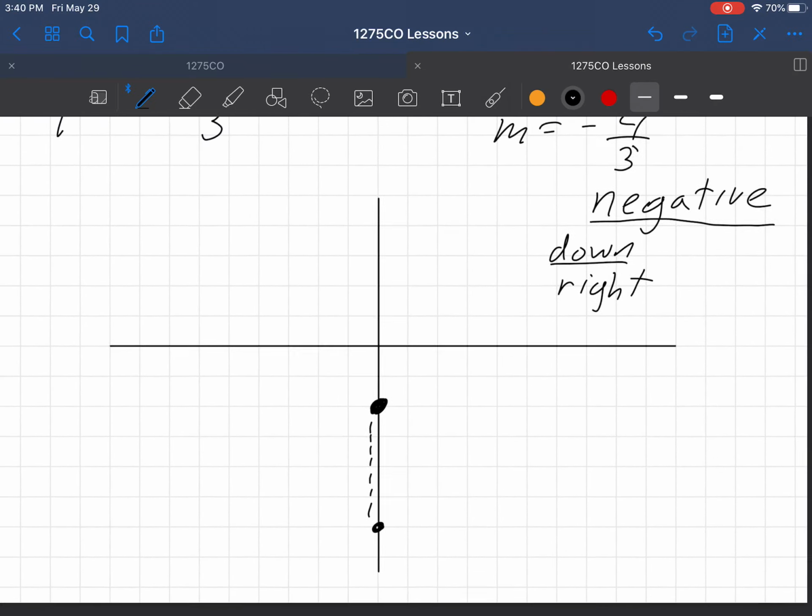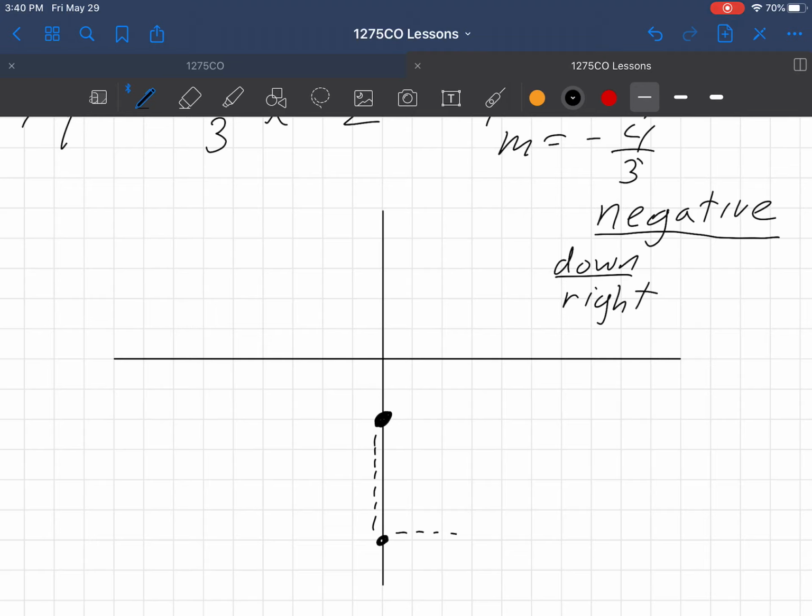And let's go to the right 3 over here. I should erase that. That point shouldn't be there because that's not a point. All right, so we went down 4 and we went to the right 3. Again, this is a negative slope.